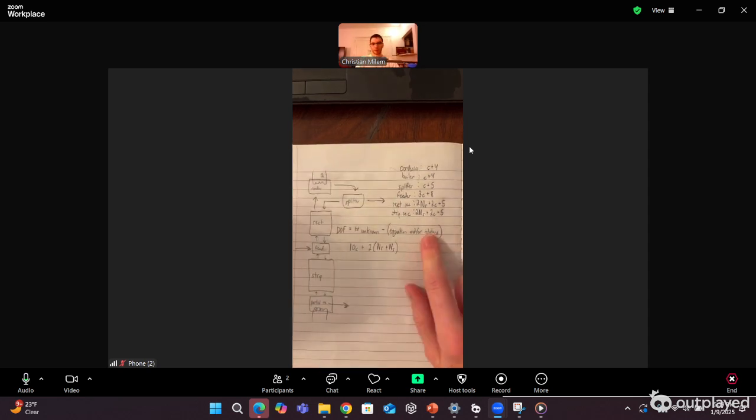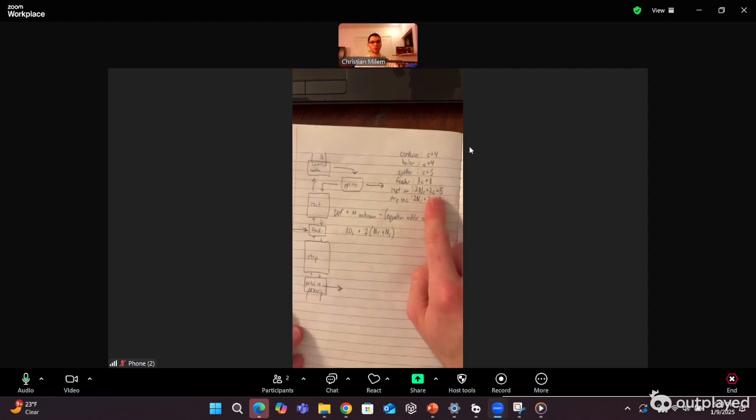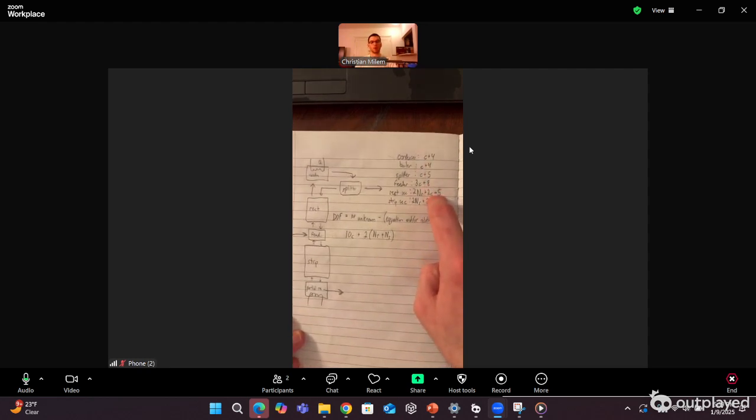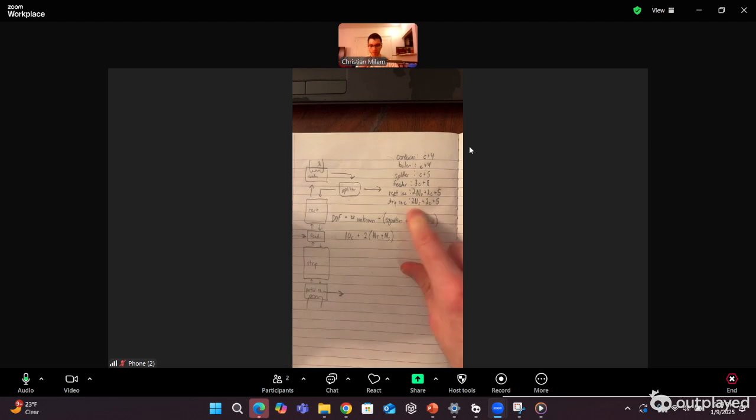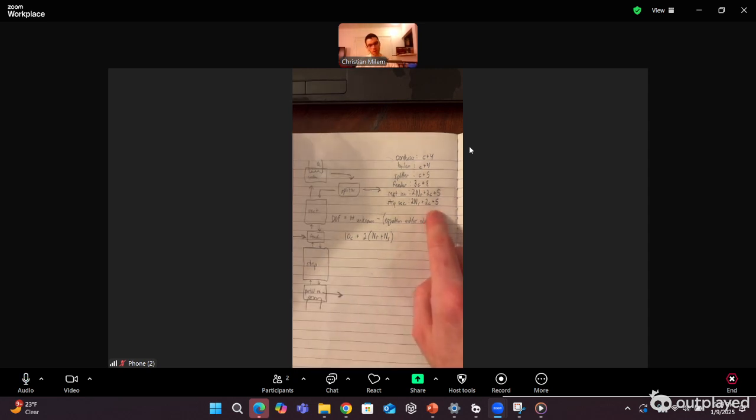Also, sorry, I didn't preface what any of this was. These are all the degrees of freedom of our individual components. And then a rectifying and stripping section, that's pretty much what we found when we did a set of individual equilibrium stages.